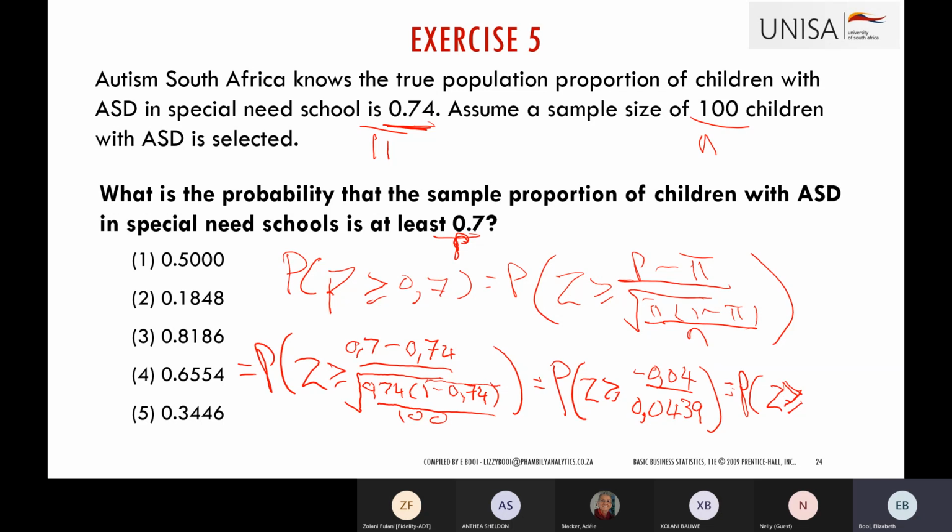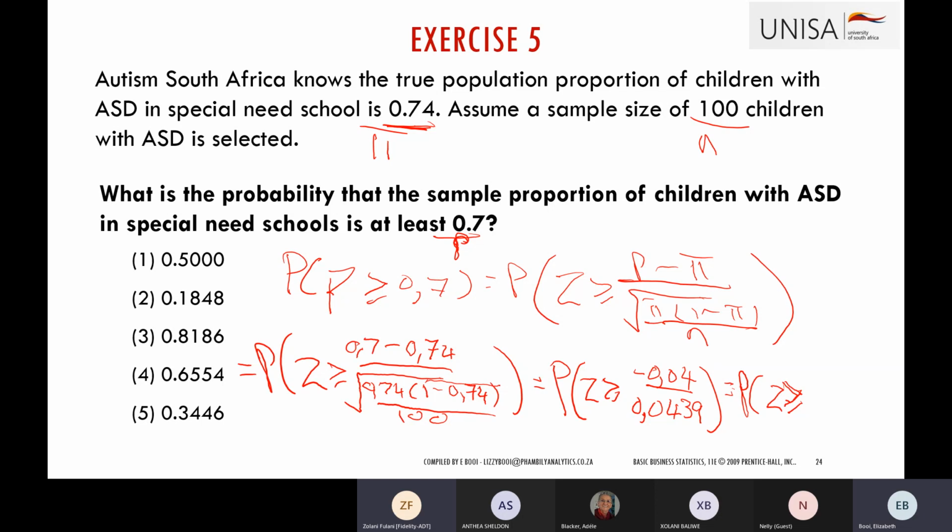Divide that by 100 is 0.0019. Take the square root of that answer. You get 0.0439, which is what I have. Okay, now I've got you now.